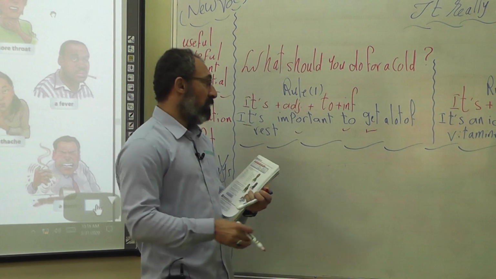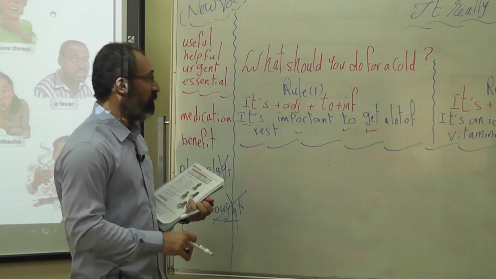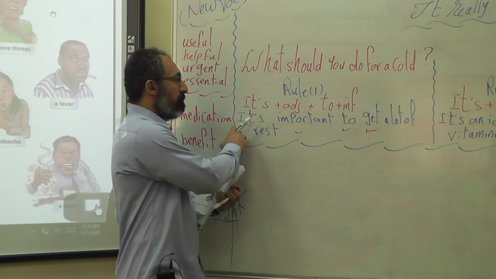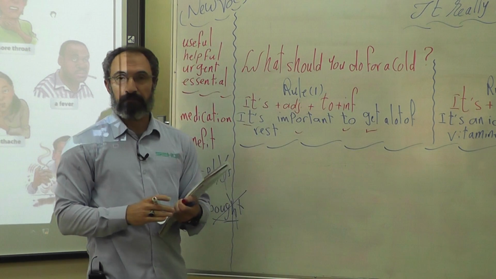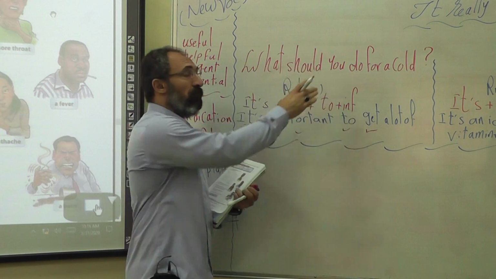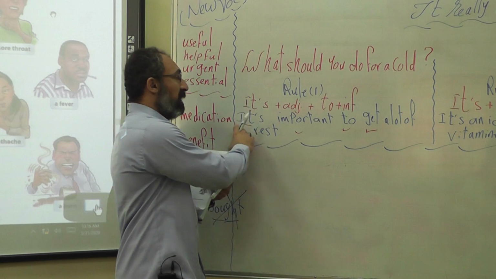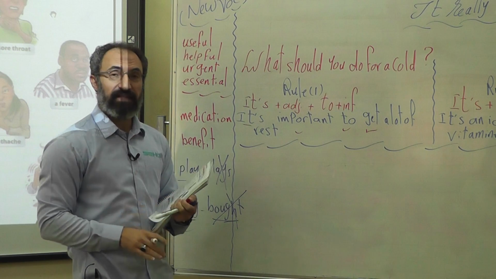By the end of this sentence, we have applied our rule well. So again, it's important to get a lot of rest. My question again is, what should you do for a cold? My answer, it's important to get a lot of rest. So this is an answer.